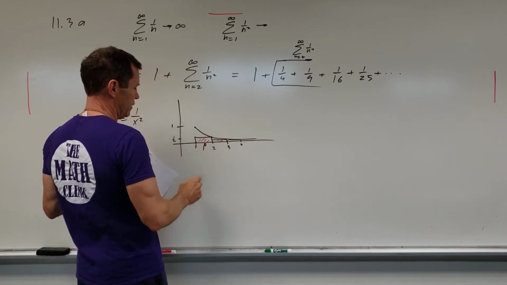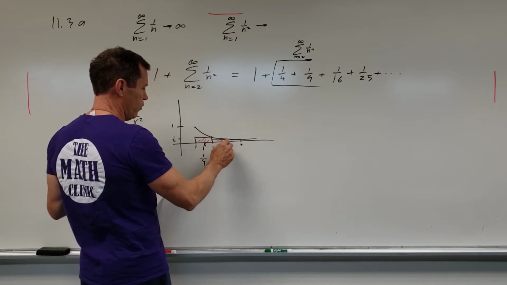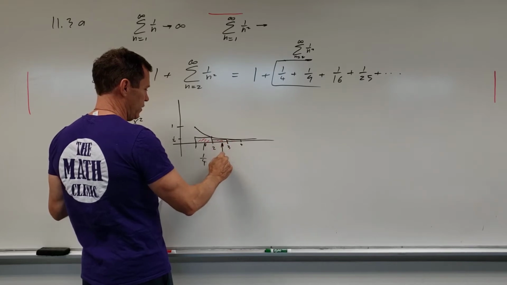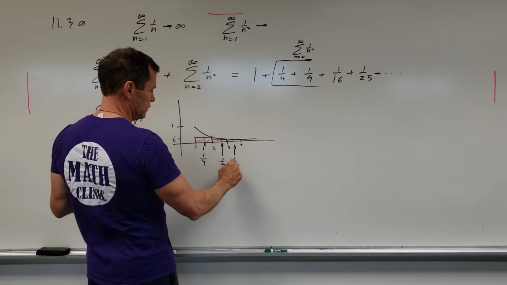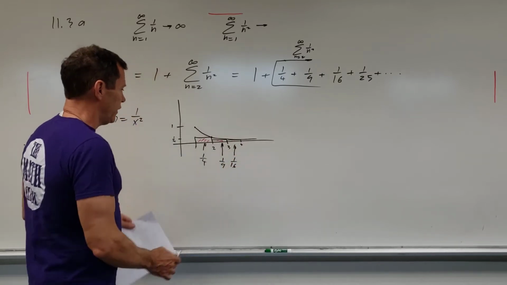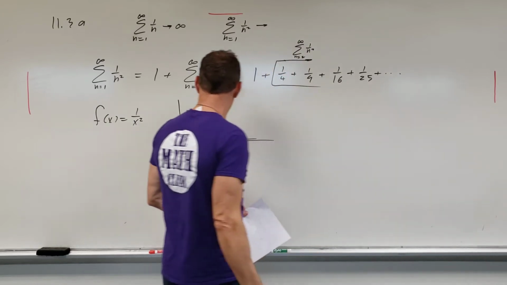What's the size of that guy? It's 1 wide. How tall? It's 1/4. So 1/4 will be the size. This one's 1 wide. Its height will be 1 over 3 squared. So that guy's going to be 1/9. That guy's going to be 1/16. And look at that. The area of these boxes is exactly the same as this piece right here.